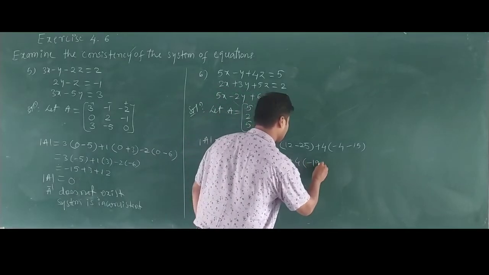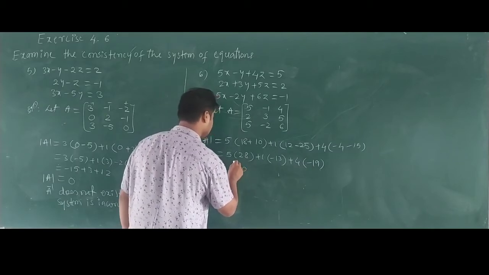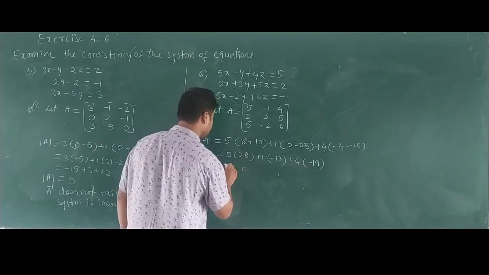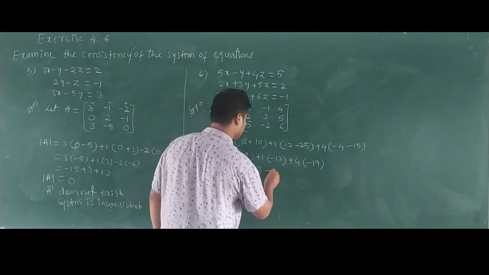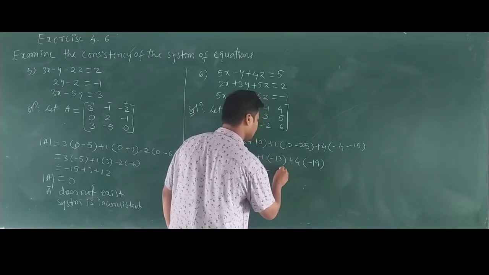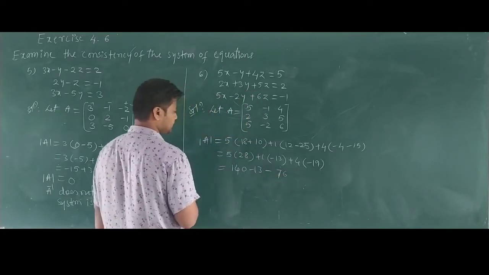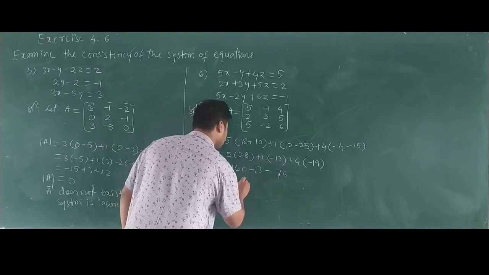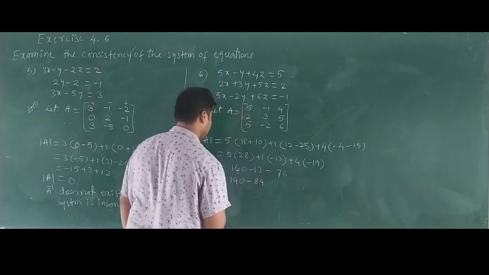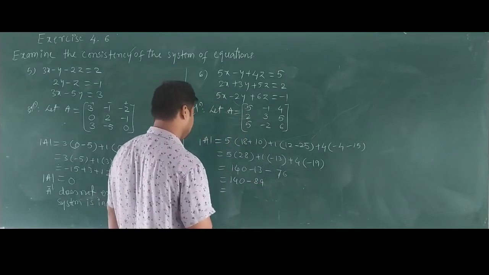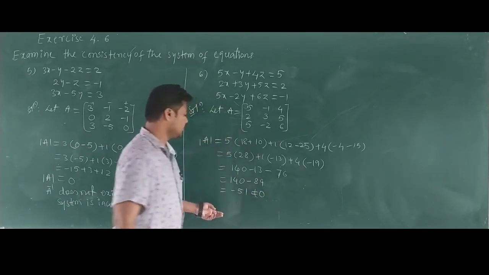This is minus 19, 528, this is minus 13, this is minus 76, 140 minus just like that, 89, minus 51, which is also not equals to 0.